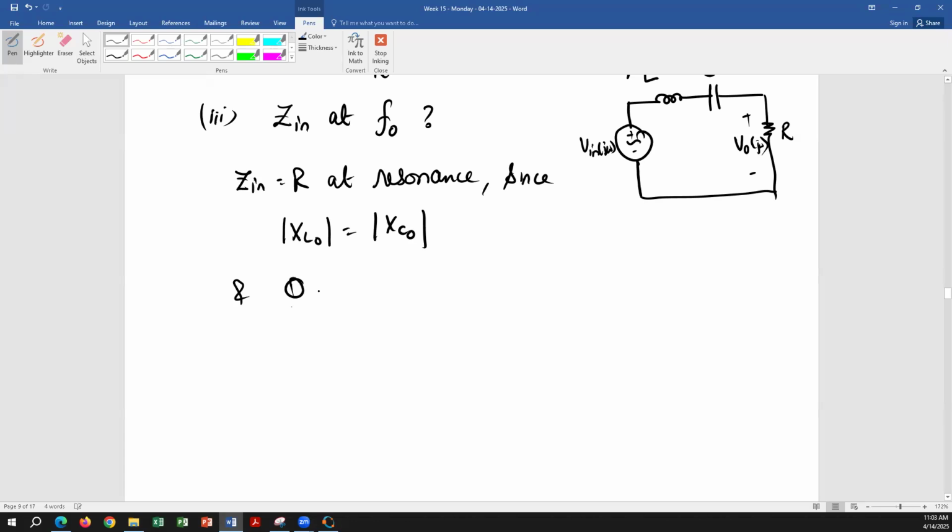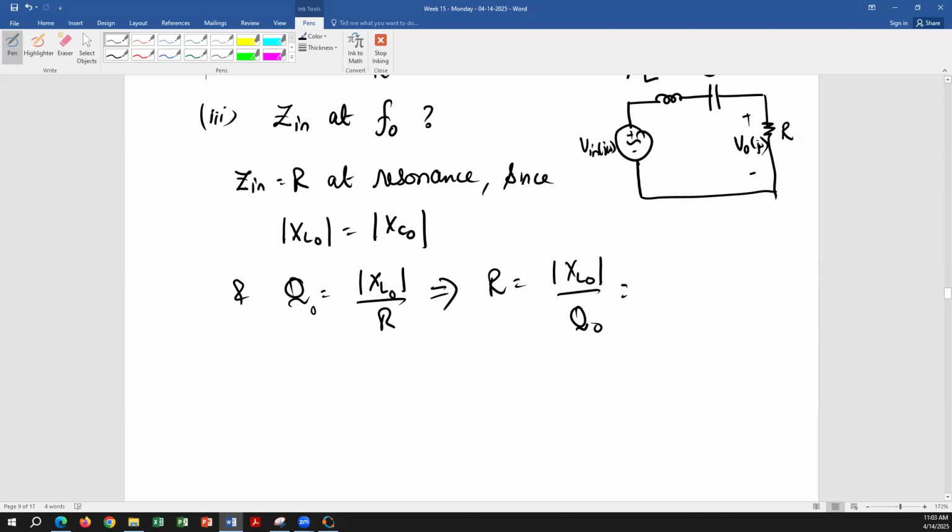And Q is XL naught over R, which implies R is equal to XL naught over Q naught.